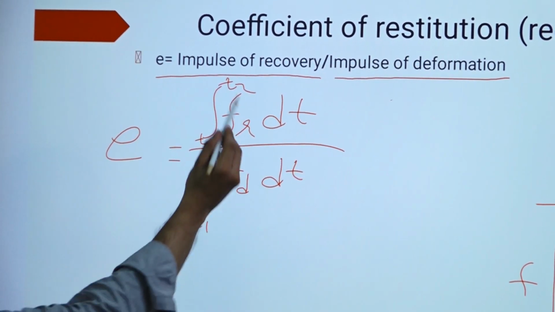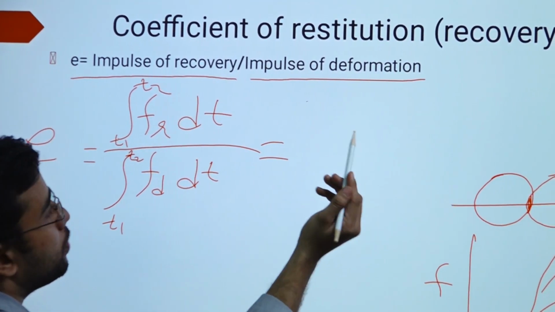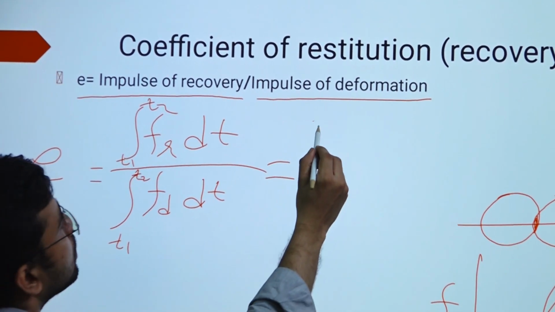So we know the value of Fr dt from the impulse principle.